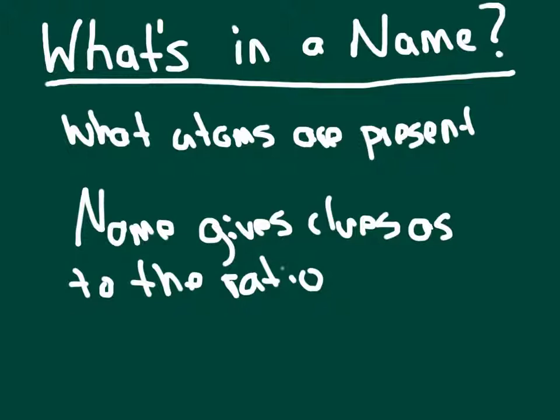But the name of the atoms and the name of the compounds gives you a hint as to the ratio of the atoms there, and in turn it tells you what the probable ratios in the future might be once we get into chemical reactions.